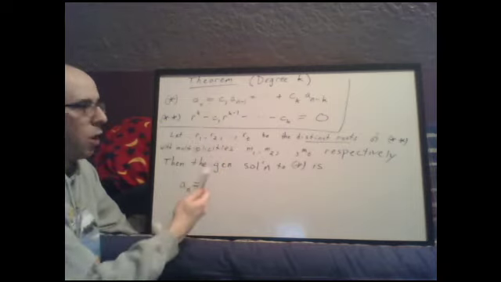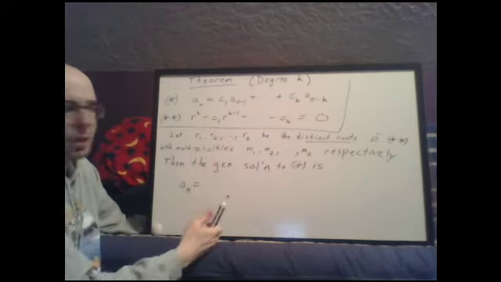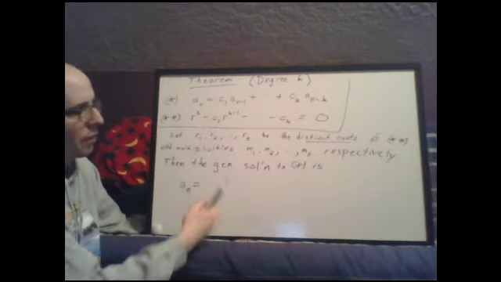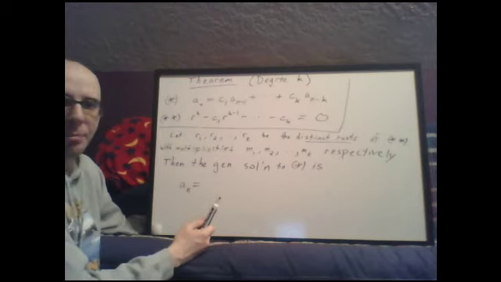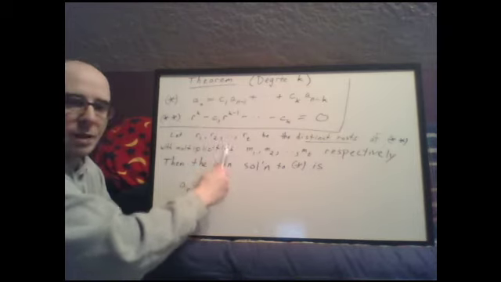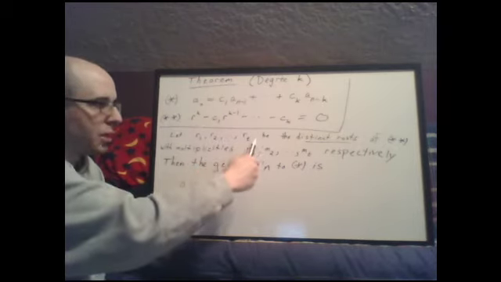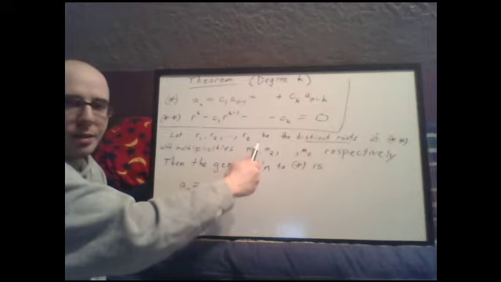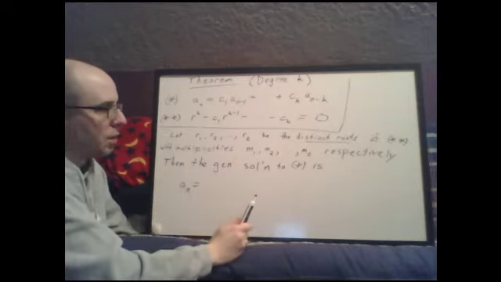And so if no root was repeated, we'd have alpha 1 r1 to the n plus alpha 2 r2 to the n plus alpha 3 r3 to the n, etc., until we got to alpha k rk to the n.